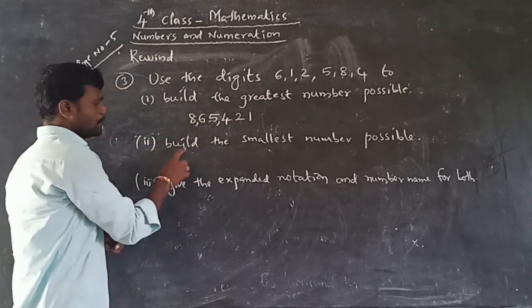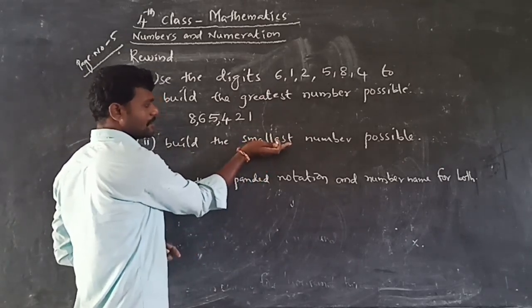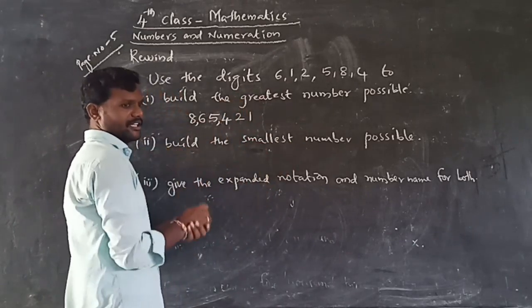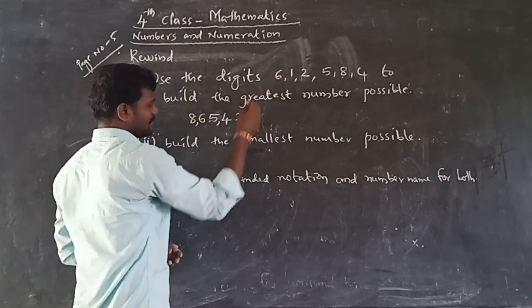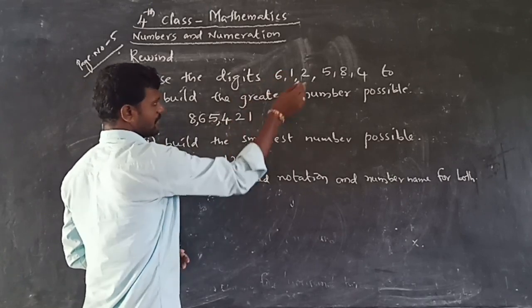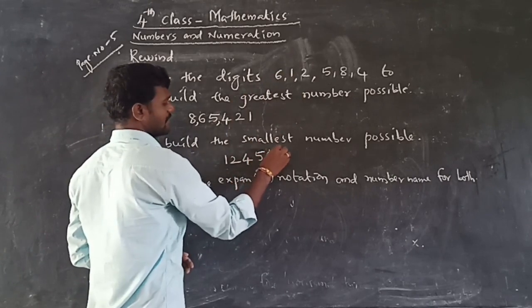Next, build the smallest number possible. To write the smallest number, you have to write these digits in the ascending order, from smaller number to bigger number. What is the smallest in this? 1. After that 2. After that 4. After that 5. Next 6 and 8.